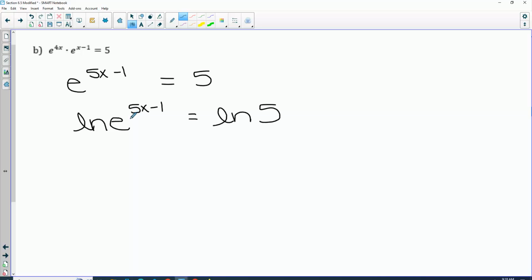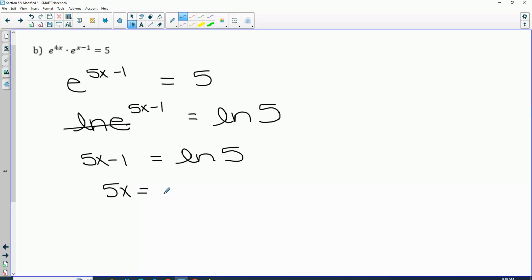Because if you realize it, what happens when you have a natural log and an e? They cancel. Now if you don't, you carried on, that's fine. Your exponent comes down, you would just have 5x minus 1 times the natural log of e. But if you recognize that they cancel, it just makes your problem a little bit nicer.